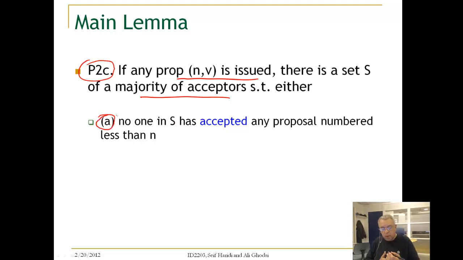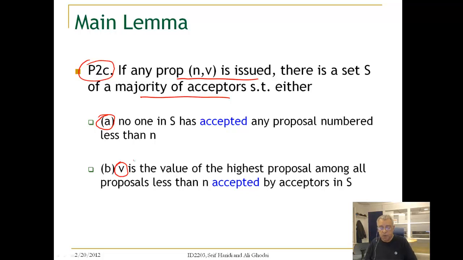So when a proposal is issued, either no one in this majority of acceptors has accepted any proposal less than n, meaning they have not accepted any proposals, or v will be the value of the highest proposal among all proposals less than n accepted by acceptors in S. So this second condition says we want to make sure that when we issue a proposal, we can guarantee there is a set of acceptors.